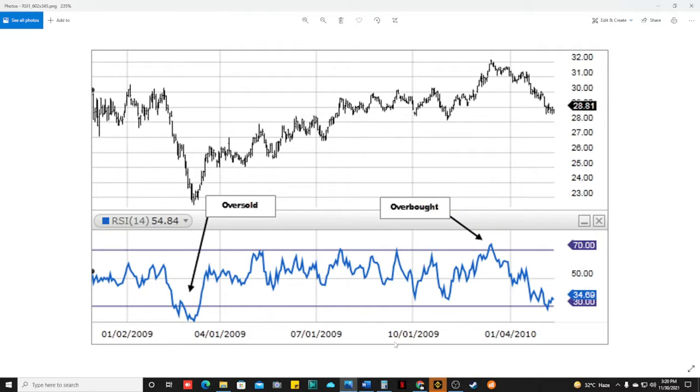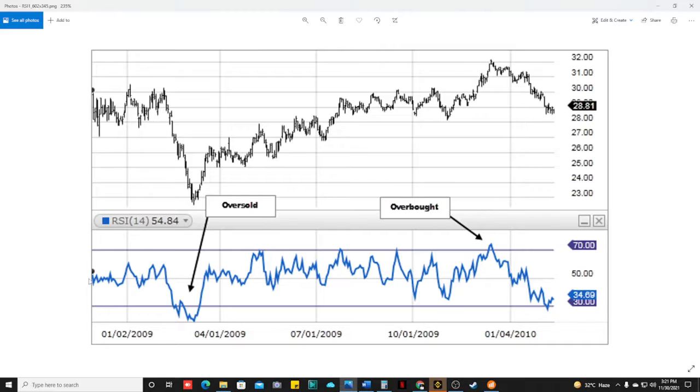Okay, so if it's oversold, then it means it has a chance to go higher. So once it's oversold, the next thing that it will do is go higher. So if you see an oversold here, you place your buy order here because the next one will be going to the top. Okay, this is the RSI method.